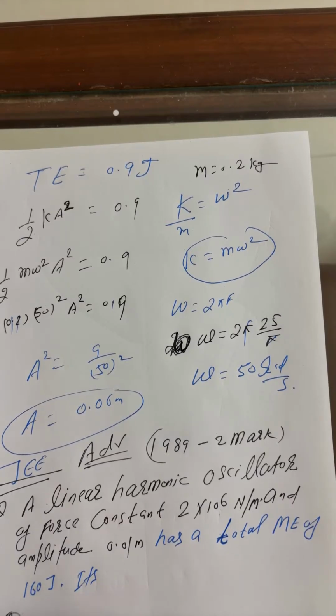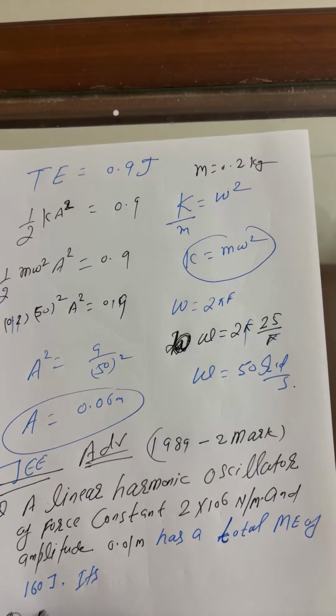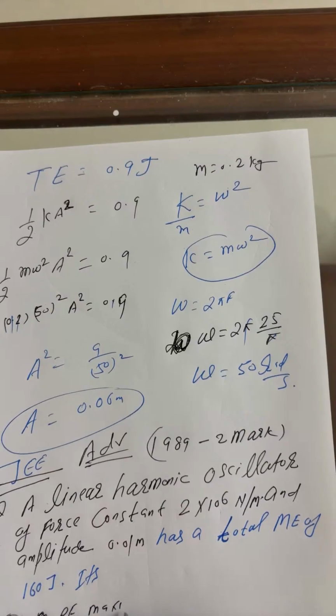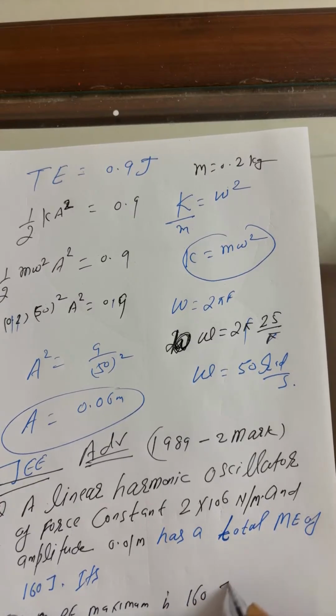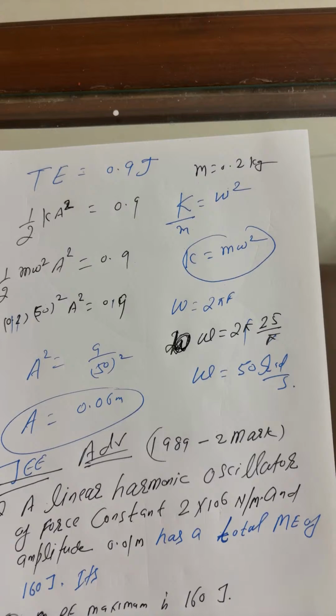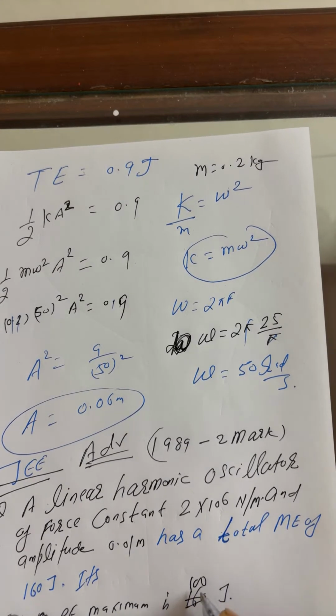So I can say option first, maximum potential energy is 160 joule. I'll write it in short here: potential energy maximum is 160 joule, no, 100 joule.